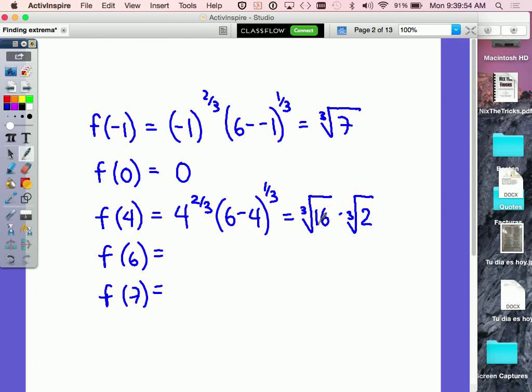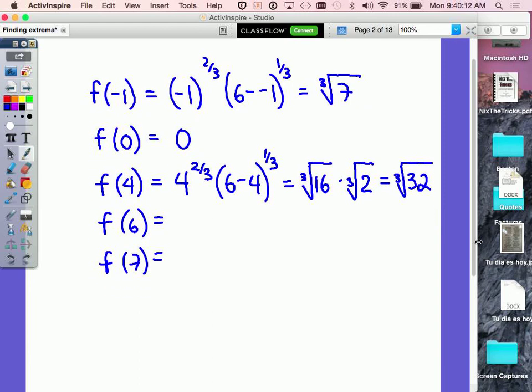And the cube root of 16 times the cube root of 2 is the cube root of 32. I could simplify that a little farther, I guess. I could take an 8 out of there, and I'd be left with 2 times the cube root of 4. But I don't really see where that's going to help me. I'm just trying to compare which of these is the largest, and so I think the cube root of 32 is maybe just as good.